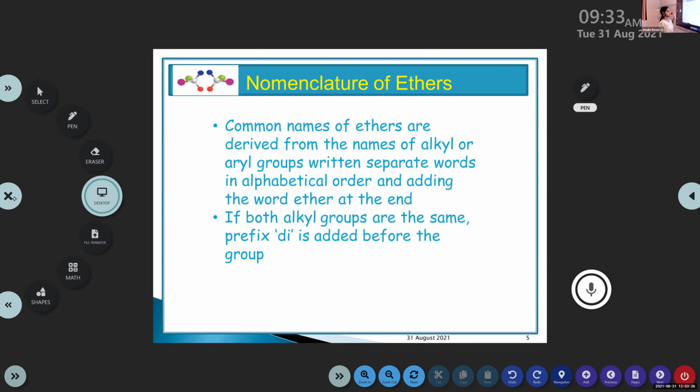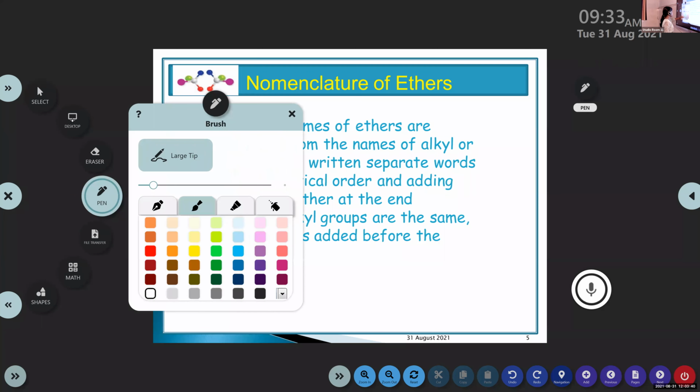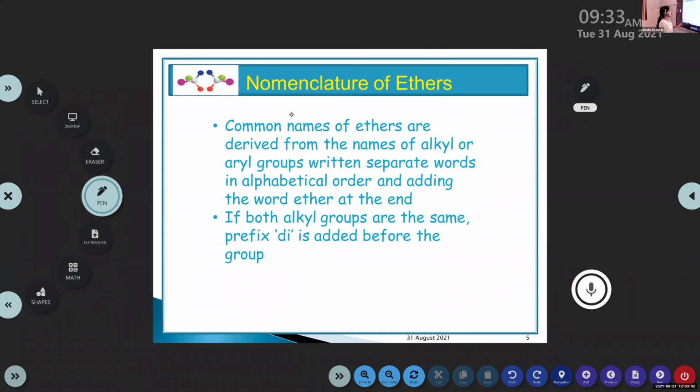That means if there are the same groups, we will use dialkyl or diaryl, or if different groups are there, we will write them in alphabetical order. We can do certain examples, then it will be more clear.